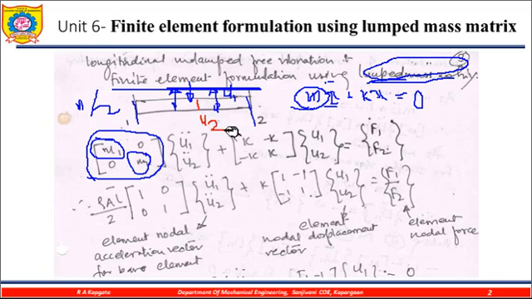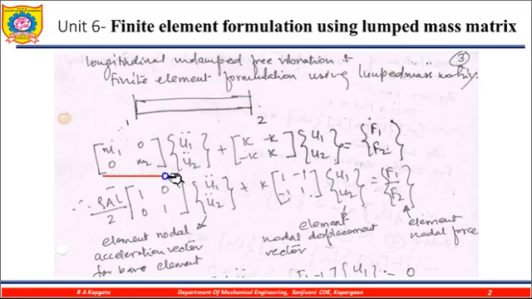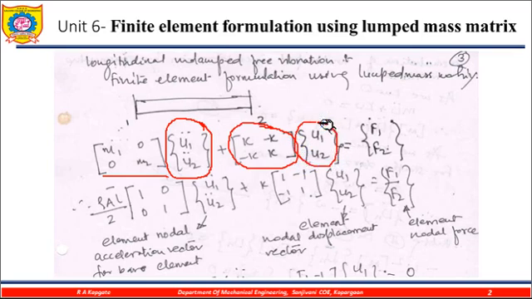So there are two displacements. So this is the mass matrix: the mass matrix multiplied by my displacement matrix plus my k matrix multiplied by my displacement matrix is equal to the force at node 2.